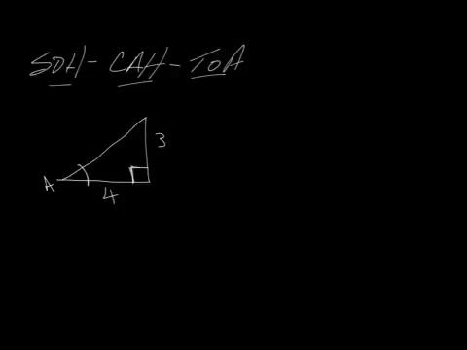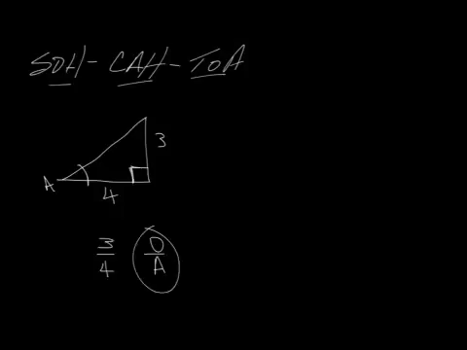Now ratios is just another word for a fraction. So if we take the ratio 3 over 4, then that ratio of the side opposite the angle over the side adjacent or next to it could be written as opposite over adjacent. And that is where we come up with a name.